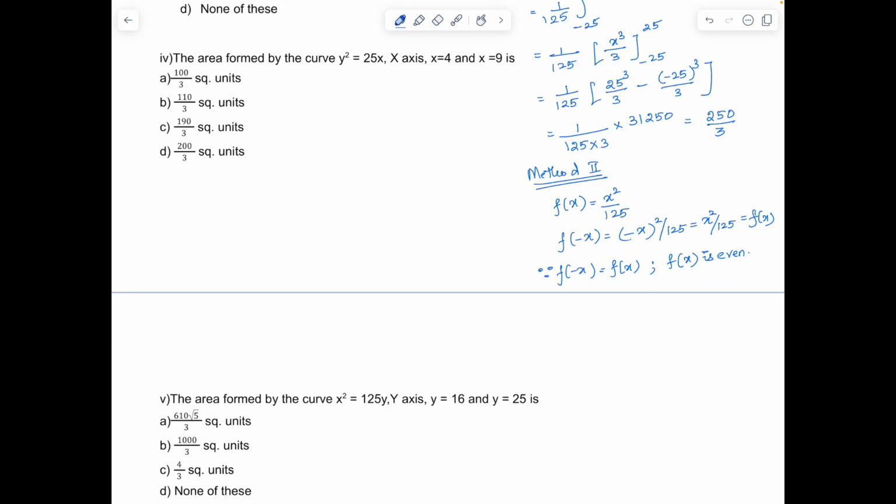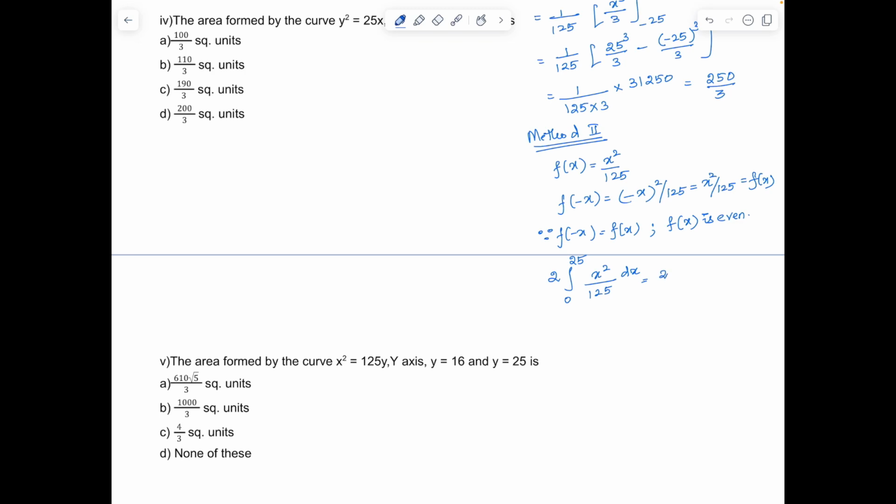When it is even, the integration changes this way: 2 times the integral from 0 to 25 of x square by 125 dx, which is 2 times x cube by 125 into 3, from 0 to 25.